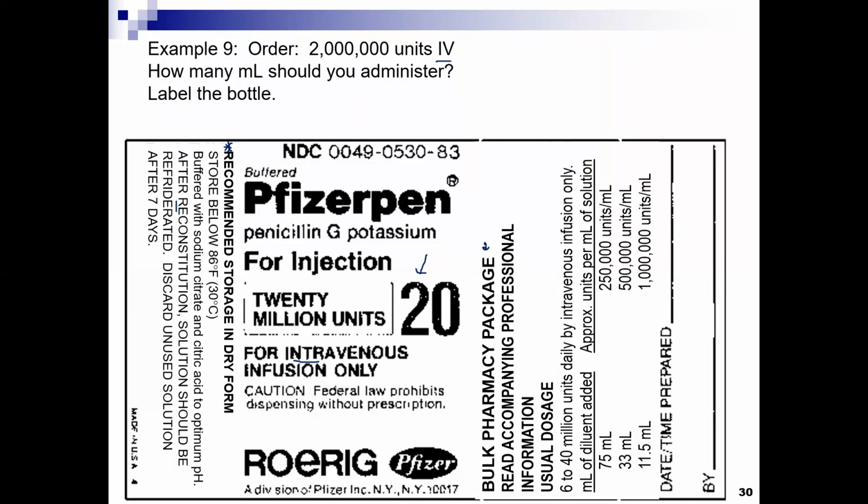I'm guessing that the 2 million units we're giving is going to be multiple times a day to get up to that minimum usual dose of 6. But again, that doesn't impact my math, it isn't the information I need yet. When we're doing a med that needs to be reconstituted, the two things we need are how much liquid we're going to add to the med and how strong it is.